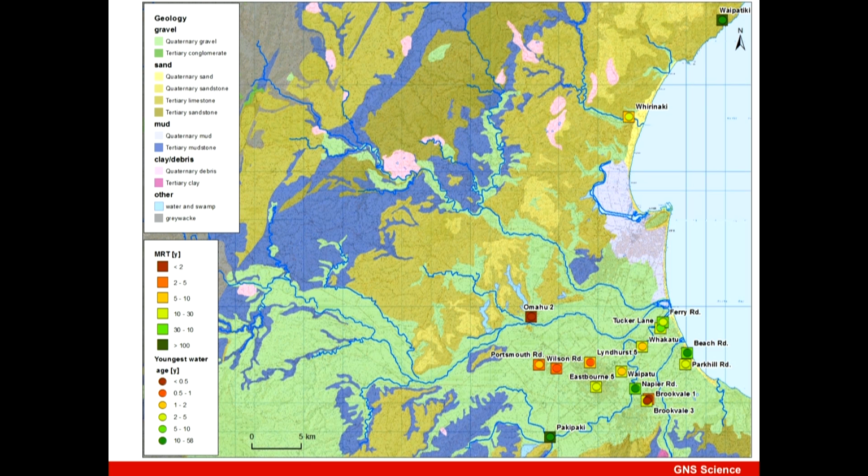The circles are the youngest component. This water, for example, has a very young mean residence time, but also a very short piston flow component, so the youngest water is extremely young here. But in the Brookvale case, we have reasonably old water, but still a very young component in here.